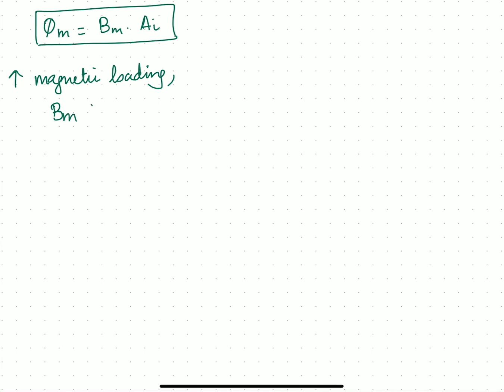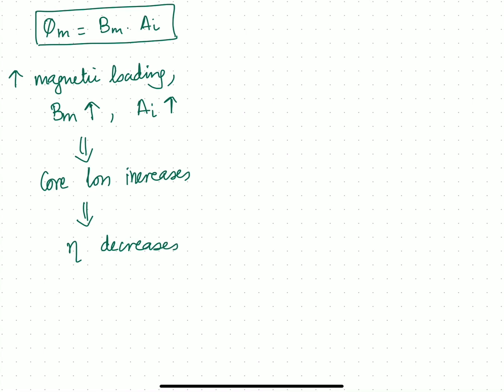Your Bm increases and Ai increases. What happens as a consequence? Core loss increases. What is the consequence of the core loss increase? Efficiency decreases. Alright, efficiency of operation decreases when you increase magnetic loading.